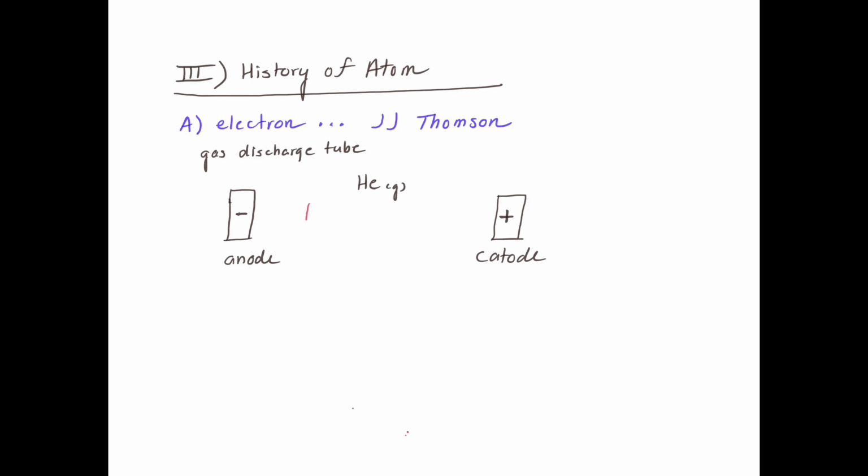I'm missing an H in my word cathode there, sorry. He also used a magnetic field, a B field, as it's called. Basically, what he did in his experiment was he applied an electrical potential between the two terminals. This caused some kind of change to the helium atoms.